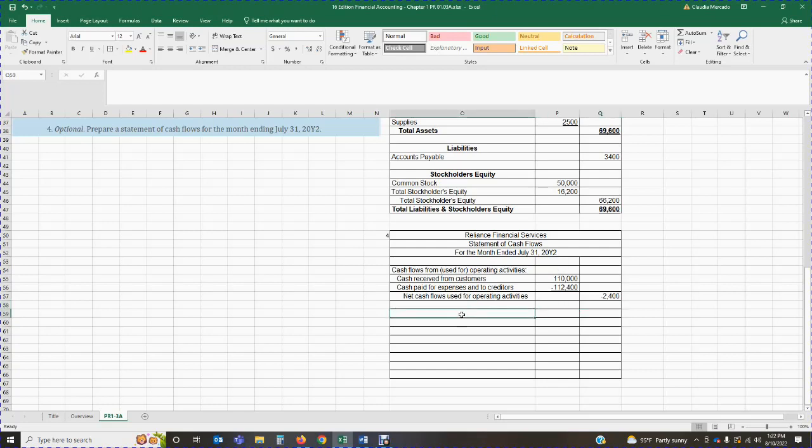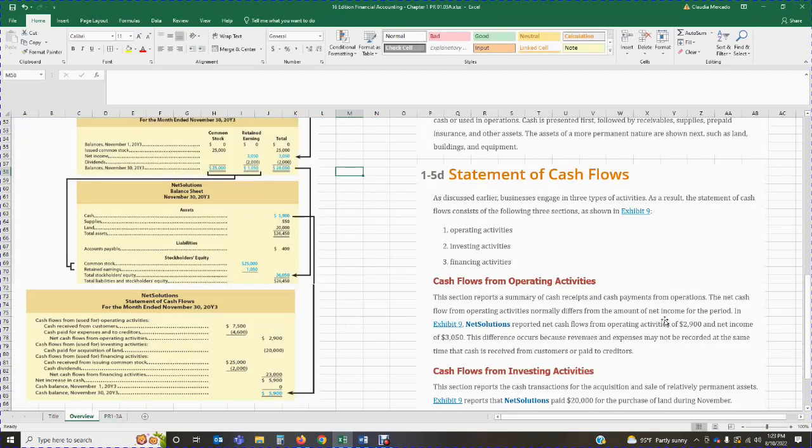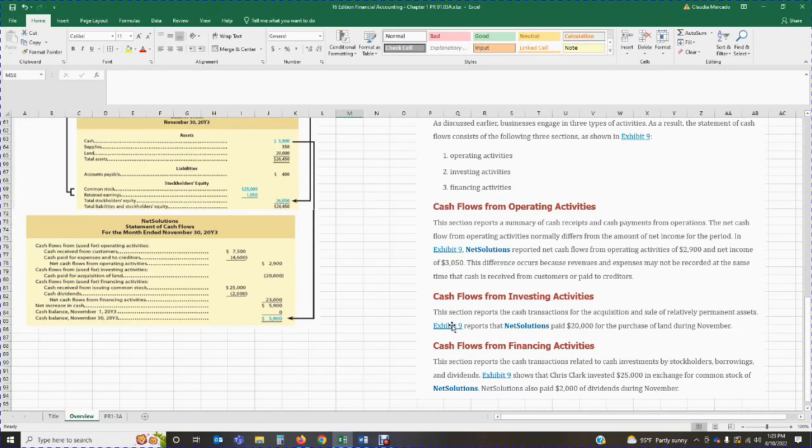The next section we have is cash flows from or used for investing activities. Under investing activities, we report the cash transactions for the acquisition and sale of relatively permanent assets.